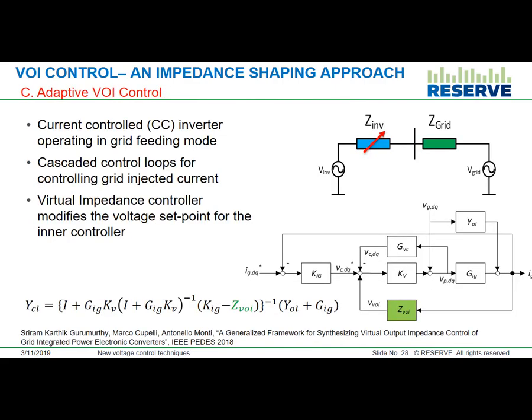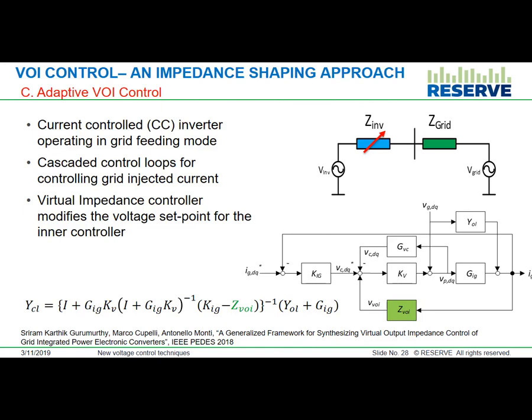So this is one of the works that we recently did. It's an adaptive strategy for designing a virtual output impedance control. The idea is, of course, to change the inverter impedance by measuring the grid impedance. So the strategy is as follows.